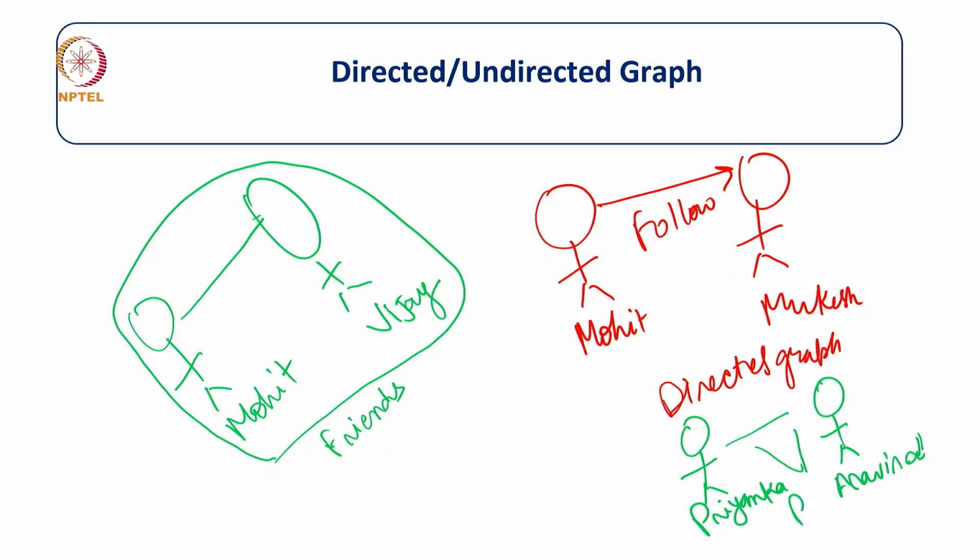Say, for example, this is paper A. So we can say that Priyanka is the co-author of paper A and Arvind is also co-author of paper A. Or we can say Arvind is a co-author of paper A and Priyanka is also co-author of paper A. Okay. So this is an example of an undirected graph, and we will be doing most of our analysis on undirected graphs.